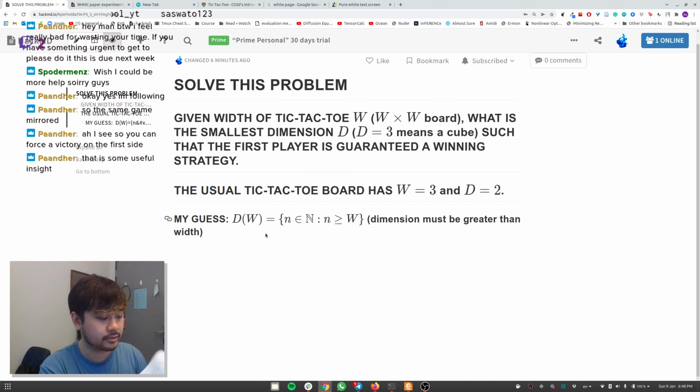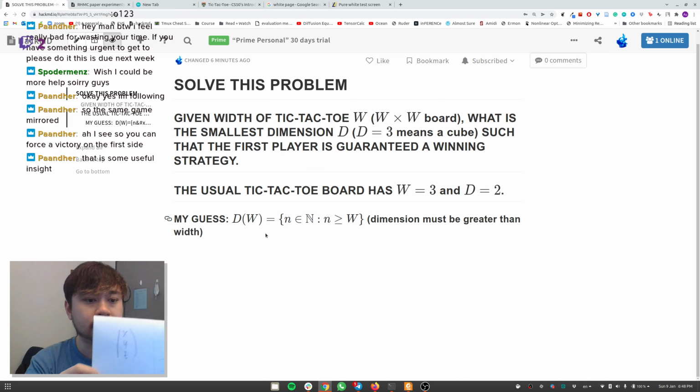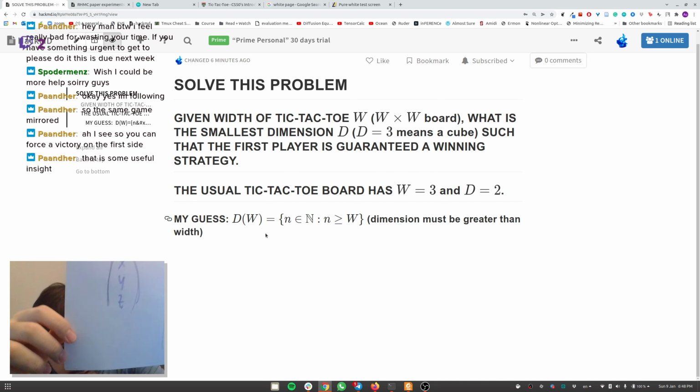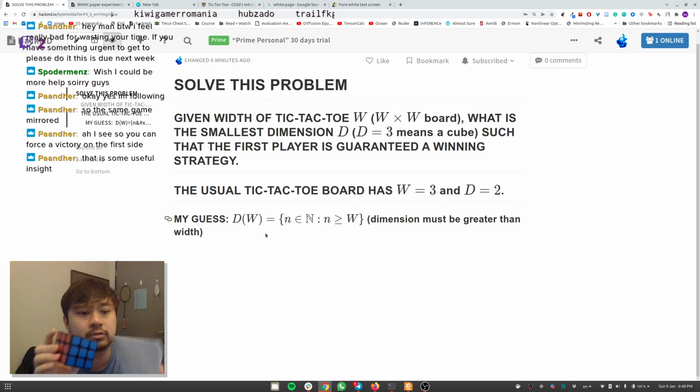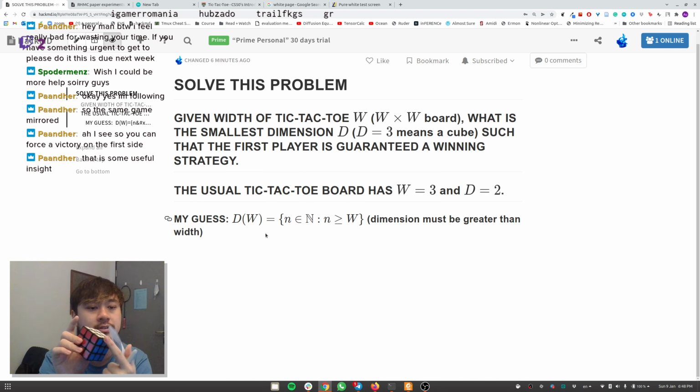So in this case we have a 3-dimensional cube, so you can imagine each square to be labeled with a 3-dimensional coordinate, right? So x can be 0, 1, 2, y can be 0, 1, 2, z can be 0, 1, 2, where the 0, 1, 2 just corresponds to the first, second, or third. However you want to set the axis, it doesn't really matter, you can choose your favorite.